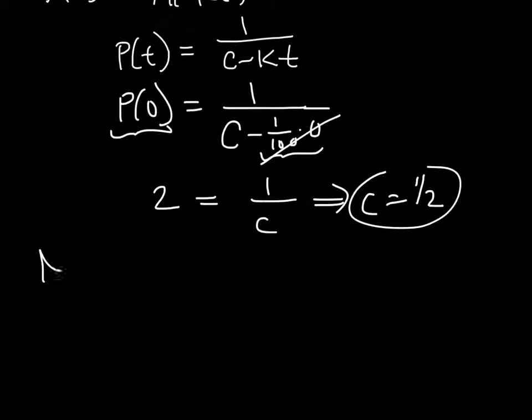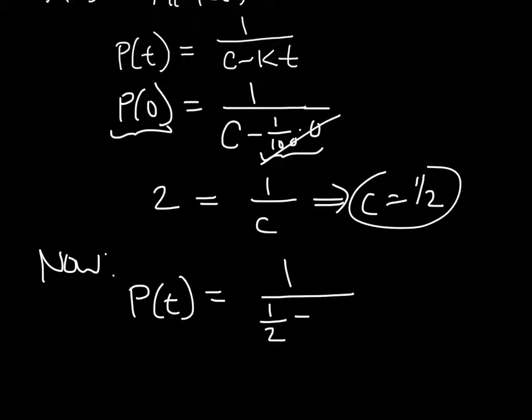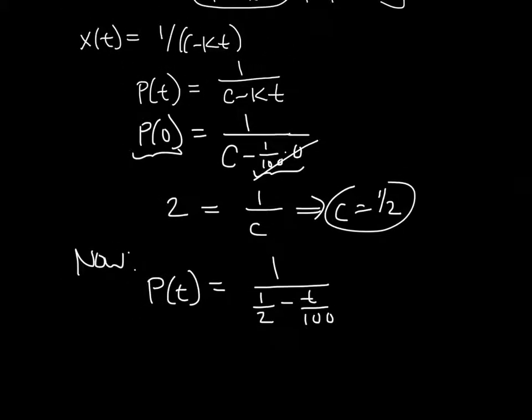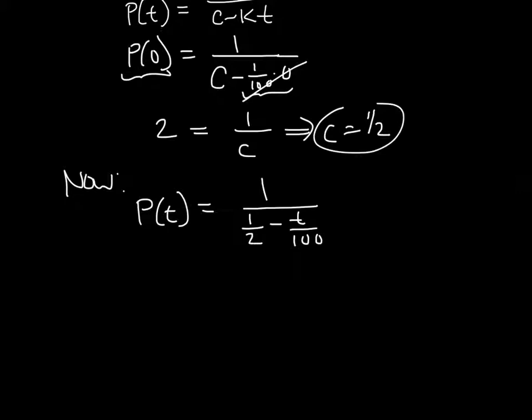Okay, so now we can rewrite our P of t as 1 over, well, what's my c? I have a half minus t over 100. So this is a nice model, a nice formula to predict our rodent population. But we can simplify this and make it look a little bit nicer. I'm going to multiply by 100 because we can.